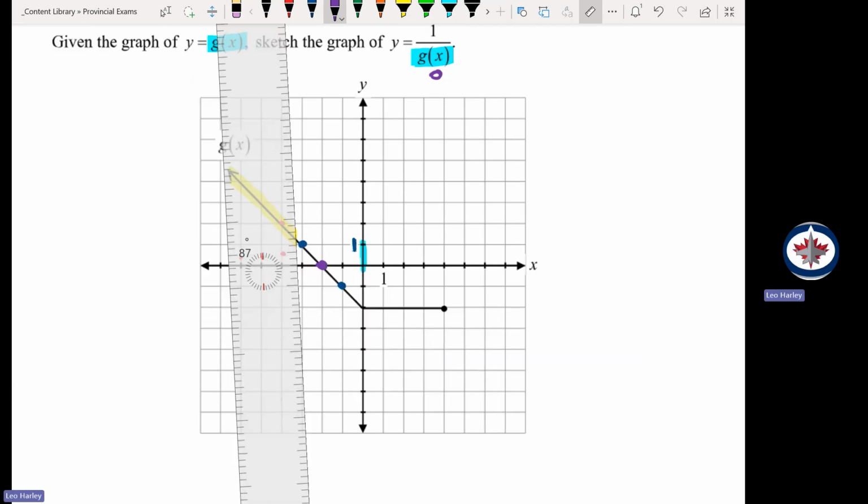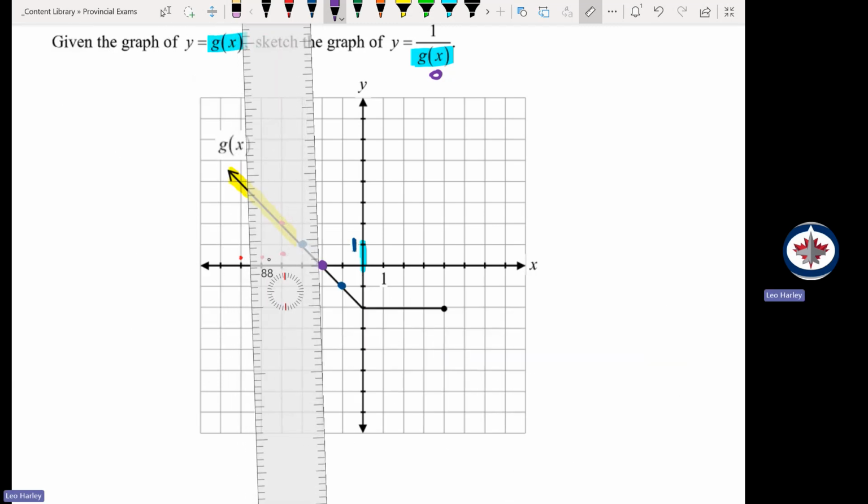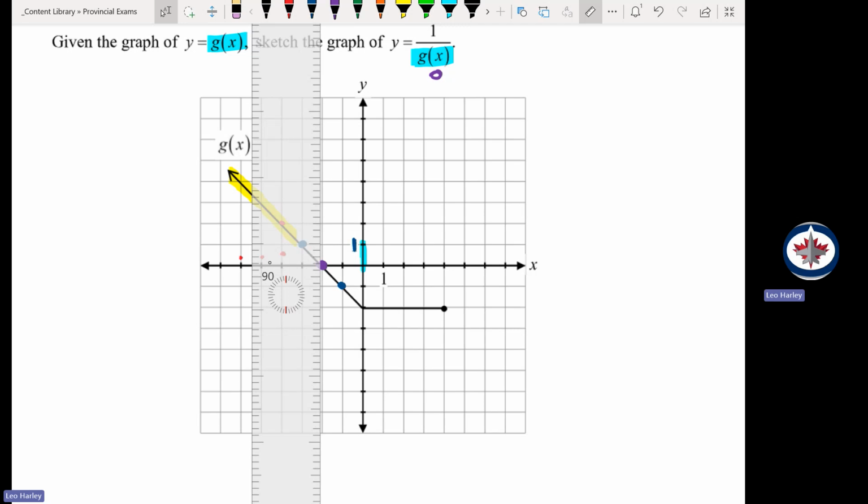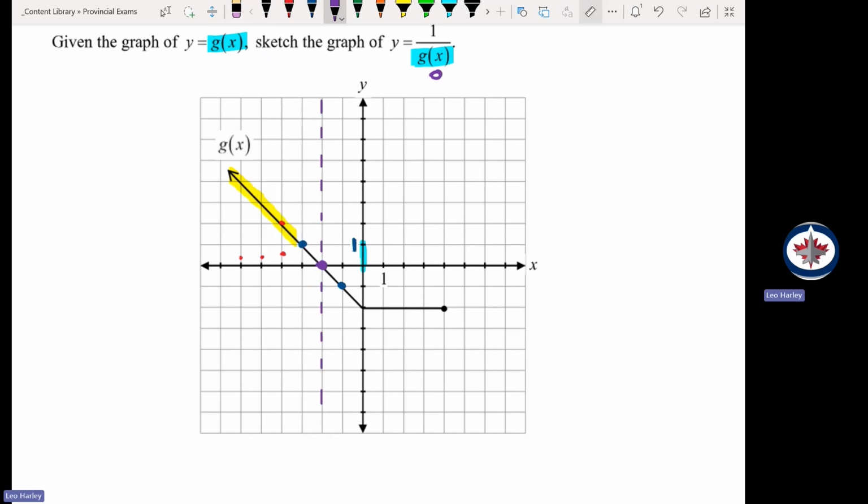So I know I changed the color and I'm sorry about the colors, but you get a vertical asymptote where the original function is equal to 0. So there's your vertical asymptote. They're easy to find whenever working with reciprocals. And you know you're working with the reciprocal because it's saying 1 over your original function. And you can see why having 0 is a problem.